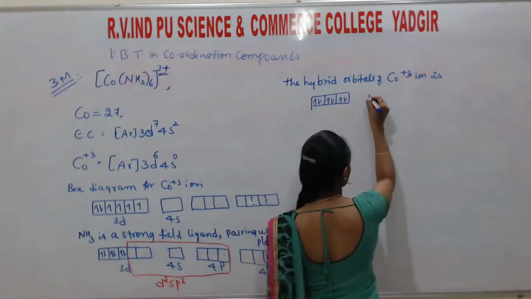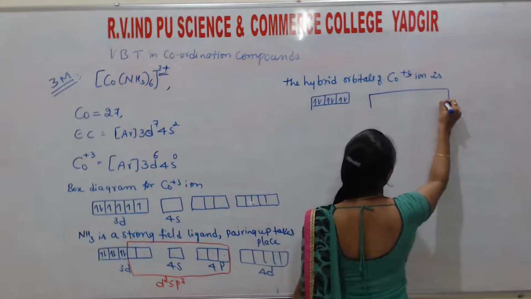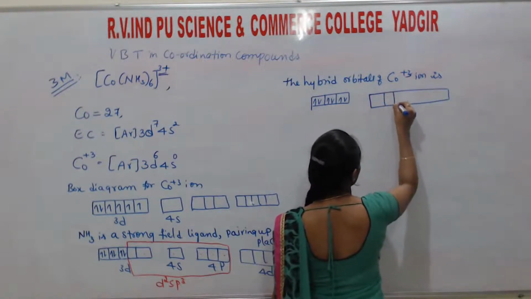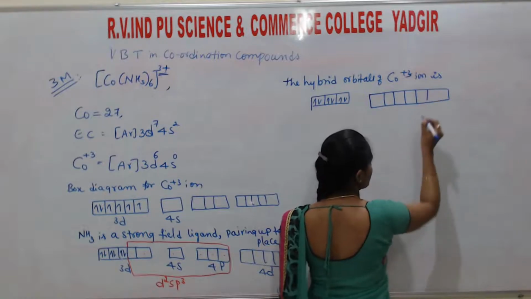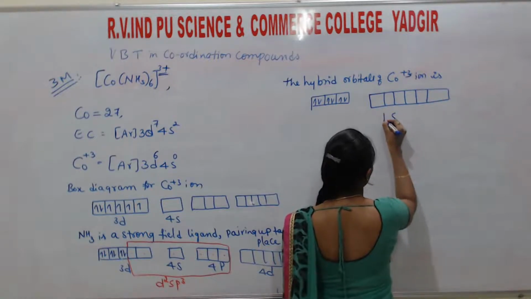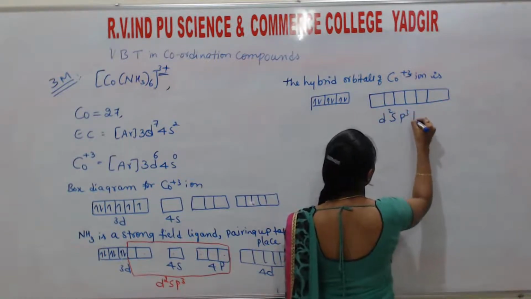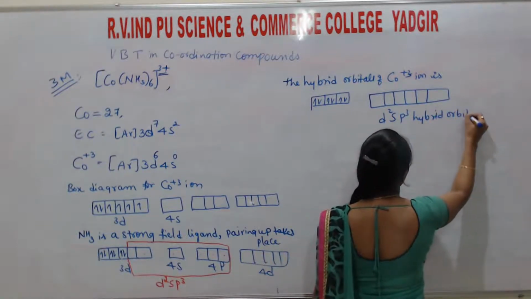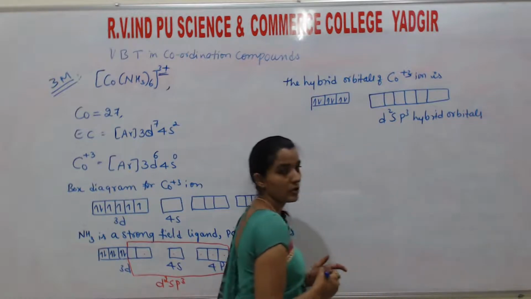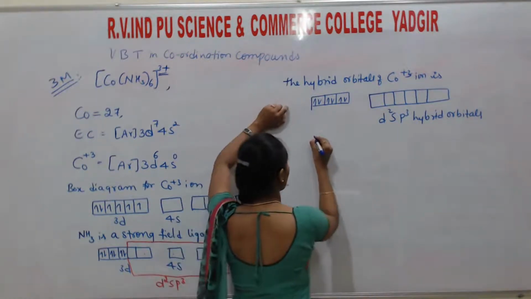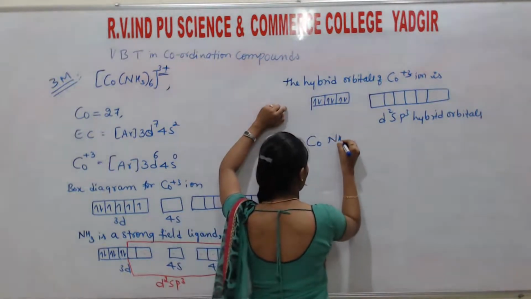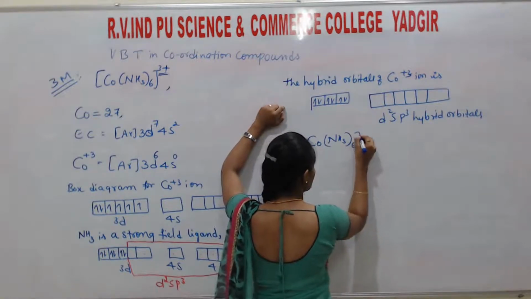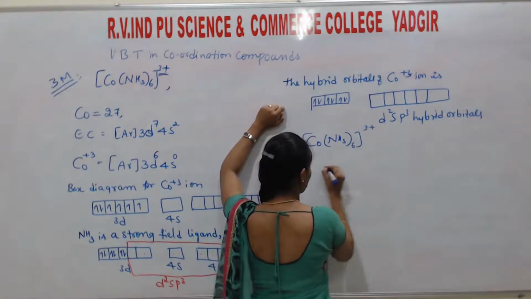Next you consider the 6 hybrid orbitals: 1, 2, 3, 4, 5, 6. So these 6 are d2sp3 hybrid orbitals. In that, students, next you have to write [Co(NH3)6]3+.